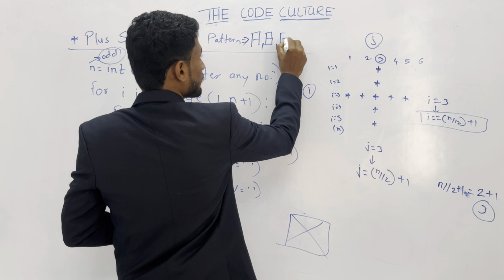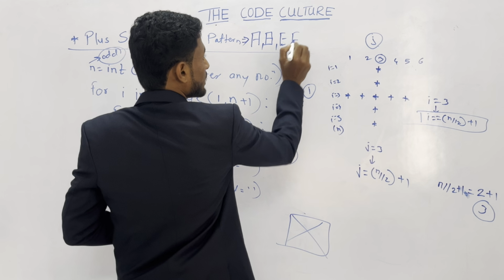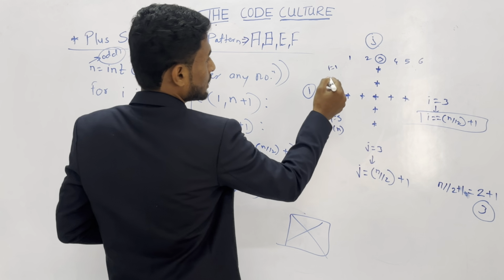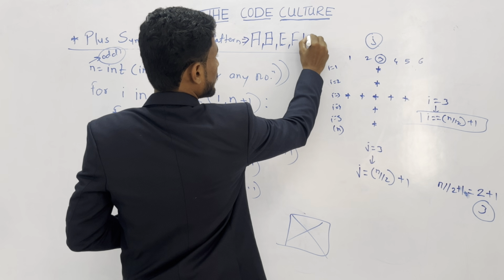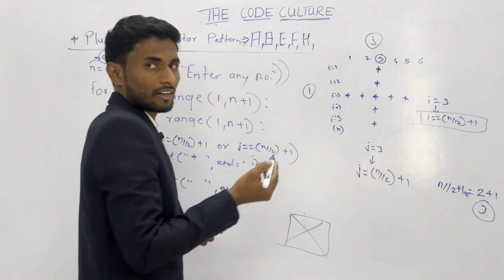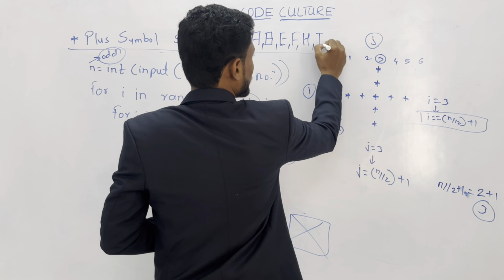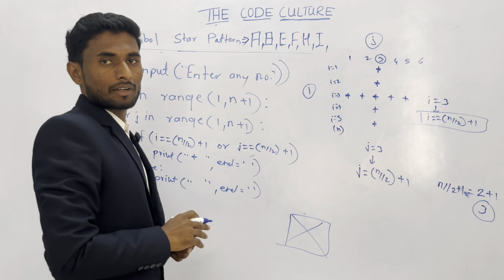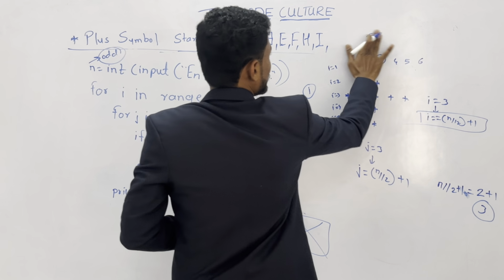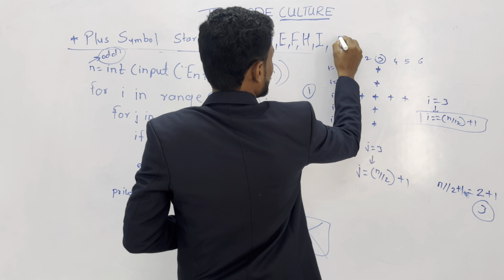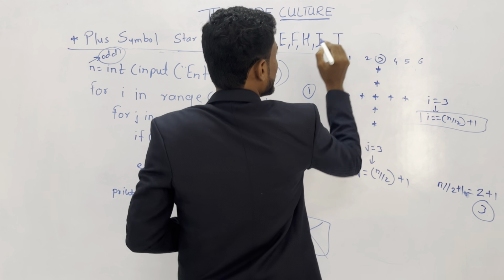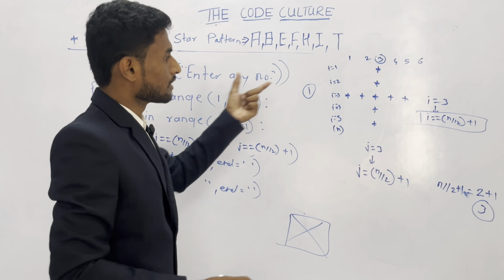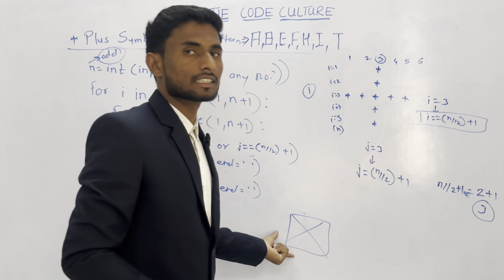Also we can print E, we can print F. After that we can print H, correct, we can print I. After that, L is already printed. We can print T, correct. All these letters we can print by using these two equations as well as these six equations.